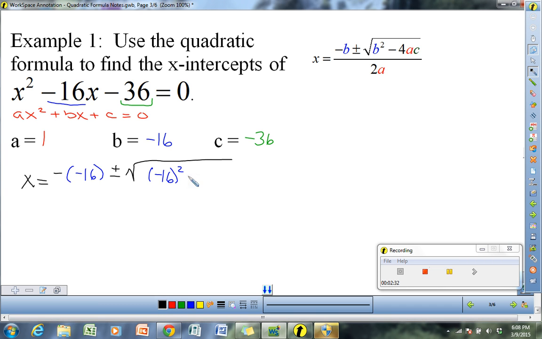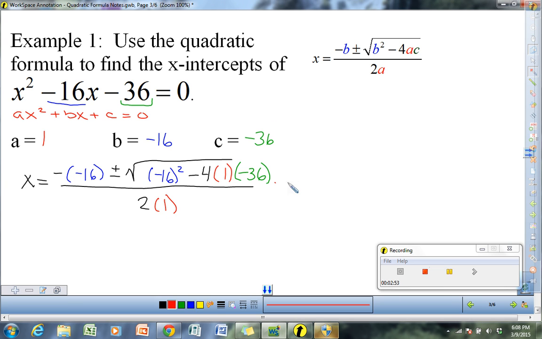Again, I plugged that in parentheses, minus 4 times my a term, which is 1, times my c term, which is negative 36, all over 2a, which is 2 times 1.